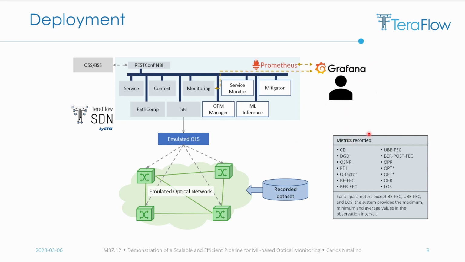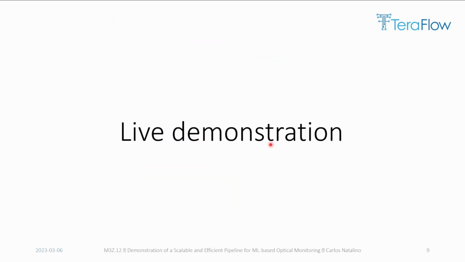In terms of data, we have recorded different metrics, and this recorded data set is used by an emulated optical network and an emulated optical line system in order to receive and send monitoring data. All the data that you see has been recorded in a real testbed, but we are reproducing it for the sake of the experiment.